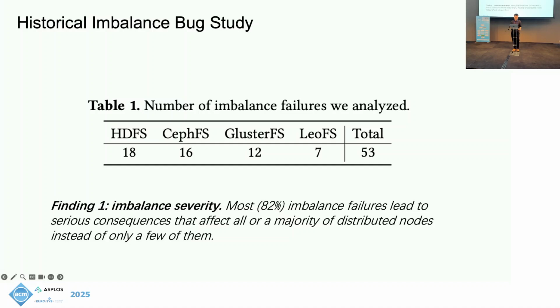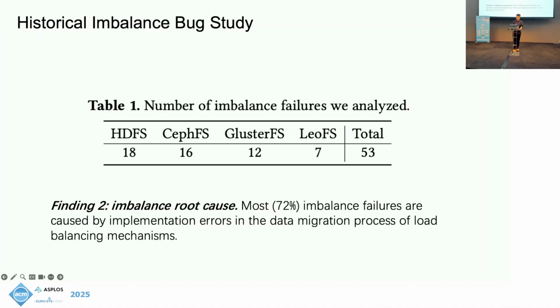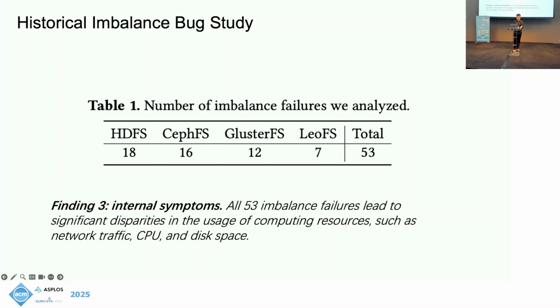We find that about 80% of the imbalance failures can lead to serious consequences that may affect all or a majority of the distributed nodes, and they will let the nodes degrade their throughput or performance, or even crash. For our second finding, we want to find out the root cause of these imbalance failures, and we find that most imbalance failures are caused by implementation errors in the data migration process of the load balancing mechanisms in the systems.